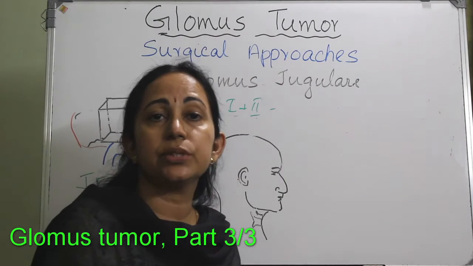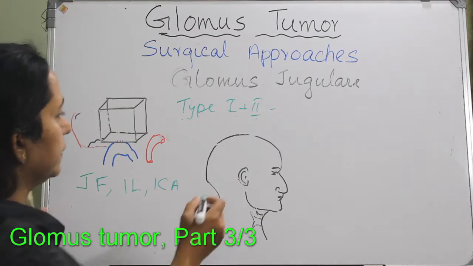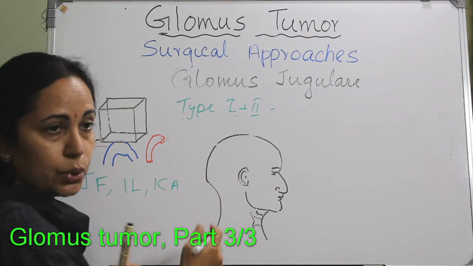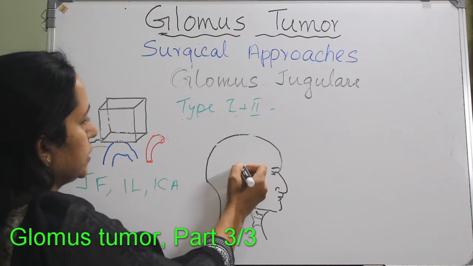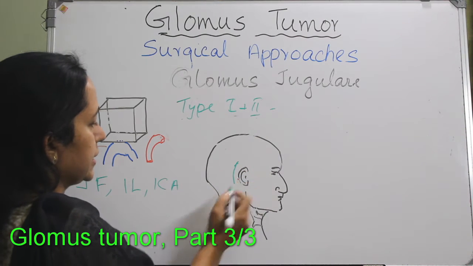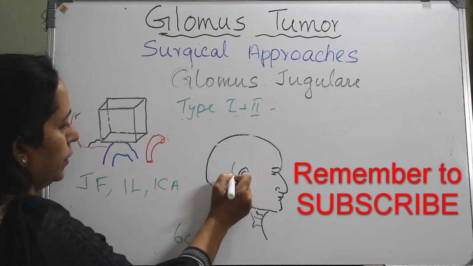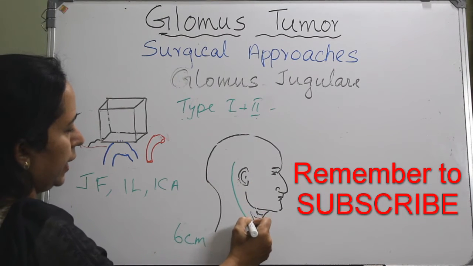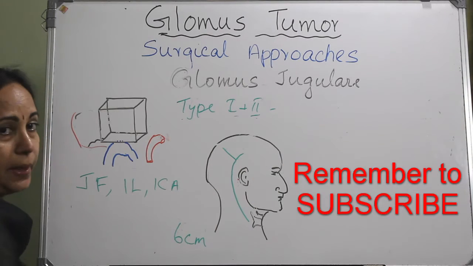So the exposure should be adequate. The door of entry we usually give is the postauricular transmastoid approach. The incision is a postauricular incision, extended, 6 cm from the postauricular groove, extending to the neck and also superiorly, and an anteriorly based flap is kept.